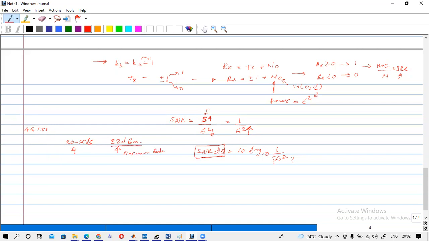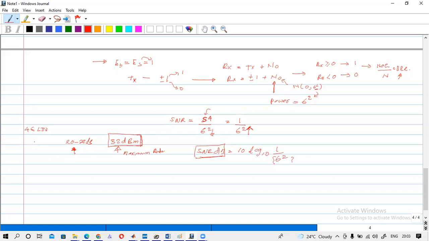That is the highest SNR value I have observed in a practical site. Maybe I'm wrong, others can see more than this, but this is the highest value I could see. It is around 20-25 dB, so this is a very good SNR value.